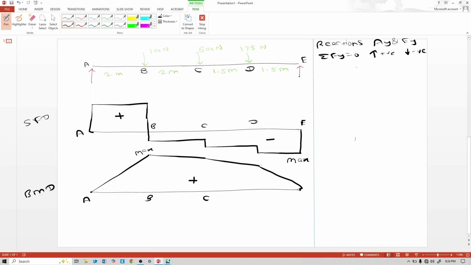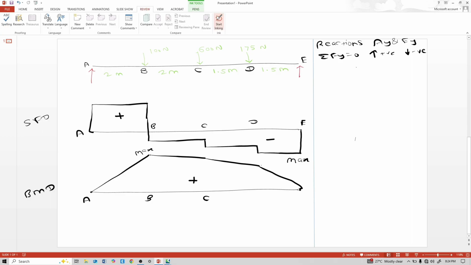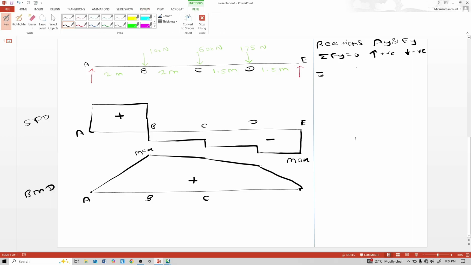Vertical direction consider positive, that means these reactions we consider positive for calculation. If the reactions come positive, that means the upward assumption is correct, and if a reaction comes negative, that means this upward direction arrow is not correct. It is in the downward direction when it is negative. So let's calculate it.